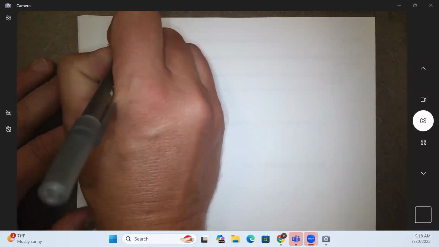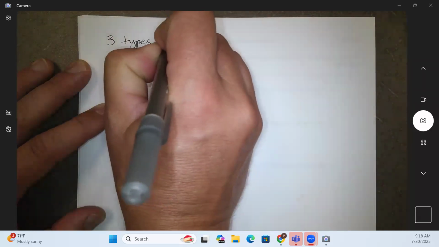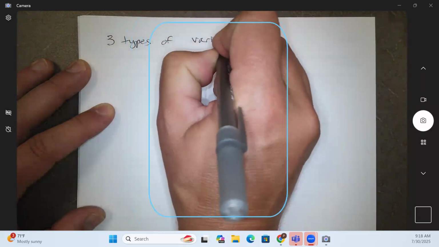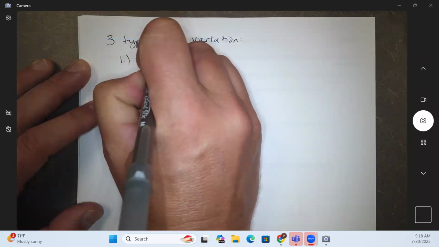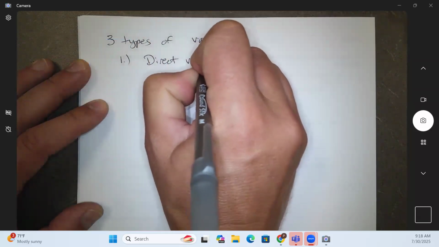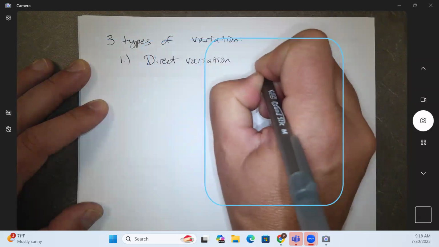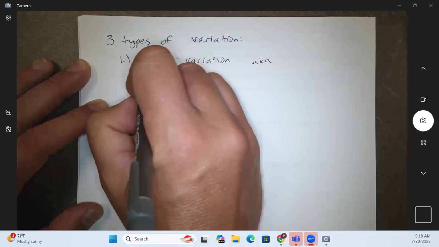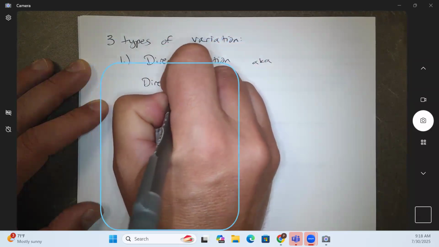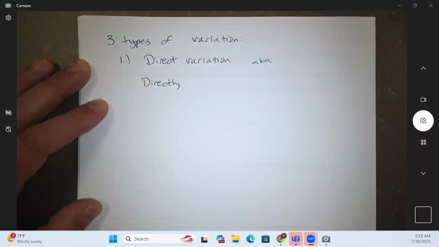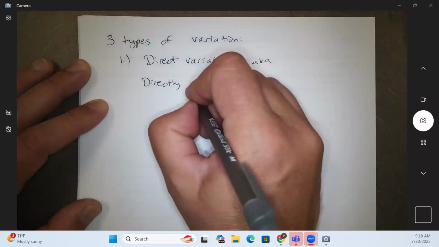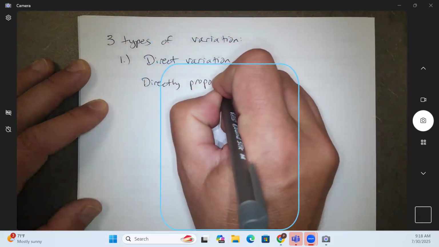So we're going to talk about three types of variation. The first is called direct variation, also known as directly proportional.